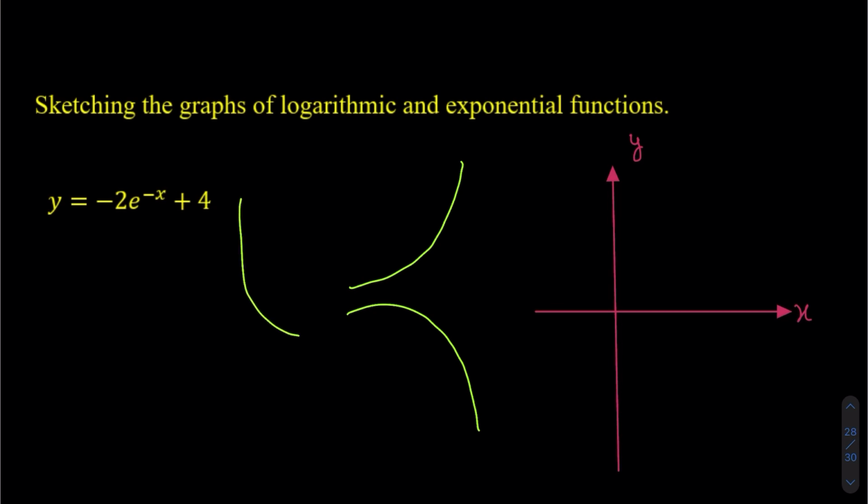But where it is located on the x and y axis is important. Whether they intersect the axis, whether they cut the axis or not, these are the questions that we need to answer in order to draw the graphs. So let's get started with this example and see what we can do.